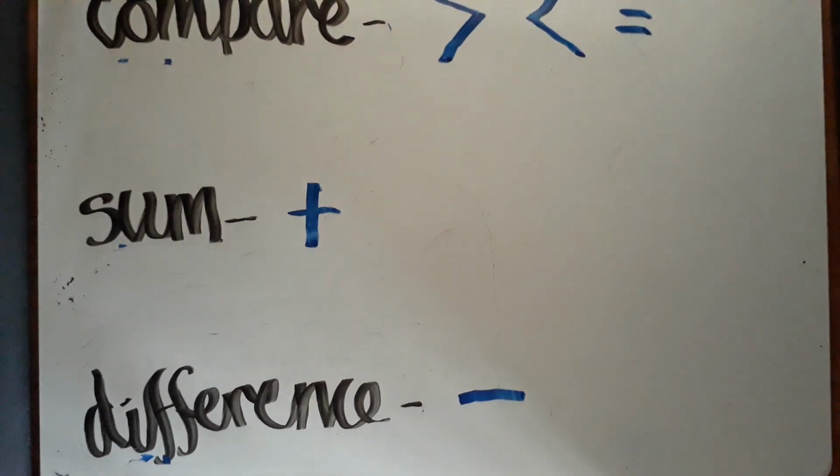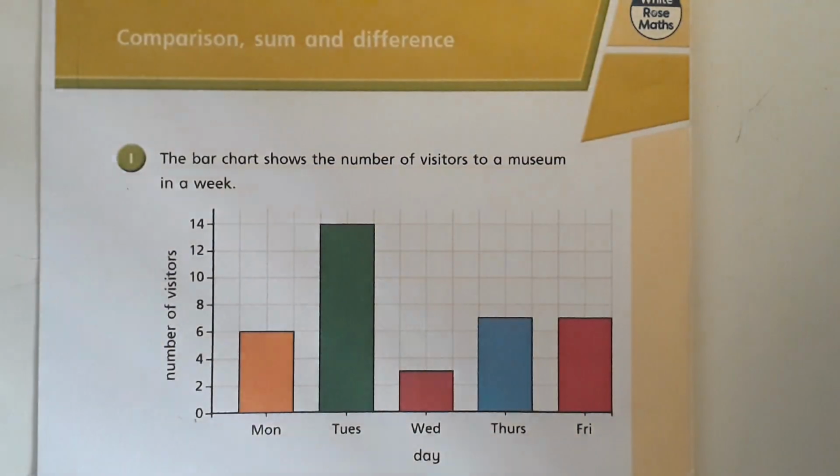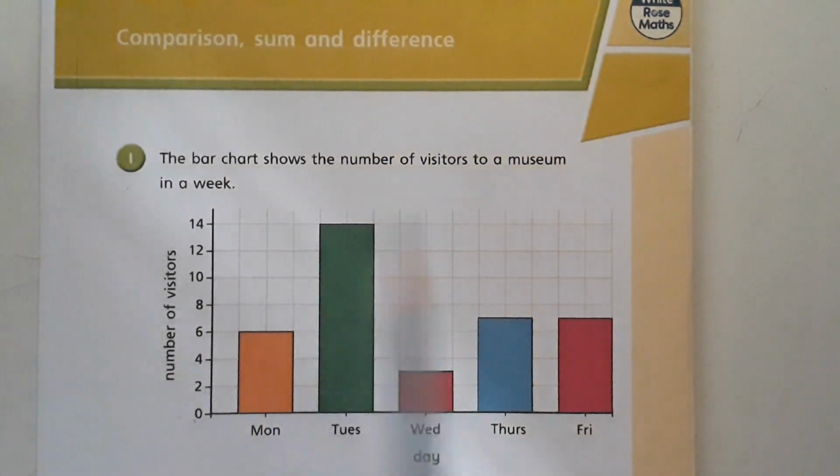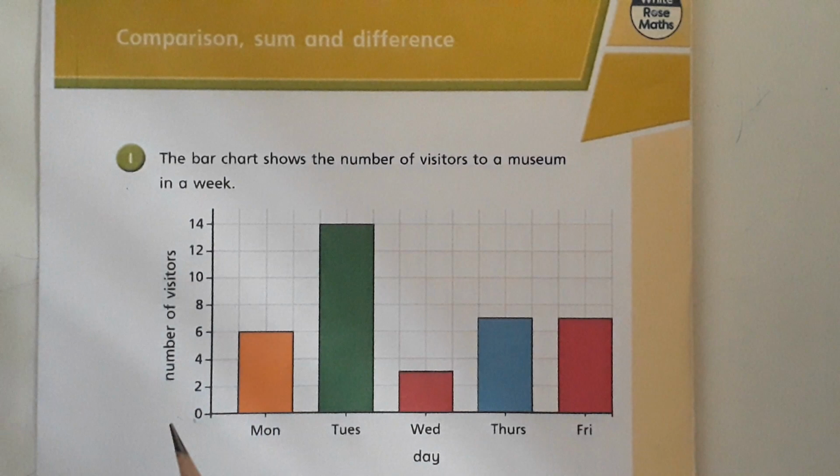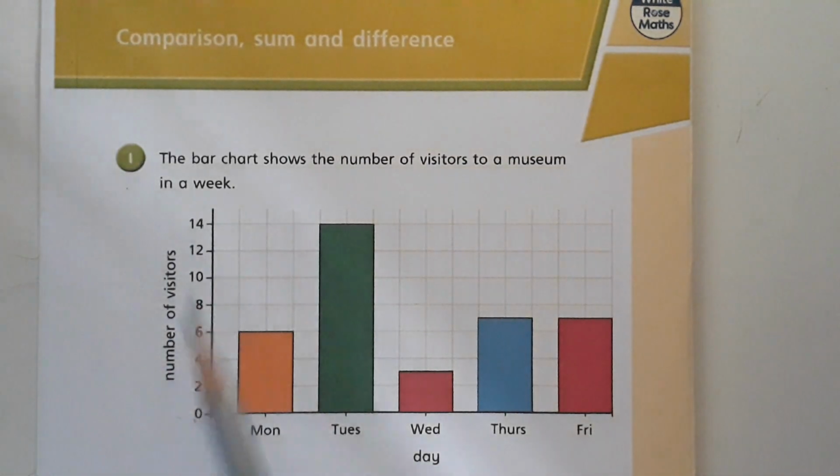Okay, right, so a few hints and tips for the questions on the sheet today. Okay, so if we look at the bar charts here, always again read the information. Look at the scale that it's going up in on the y-axis. It's going up in 2s.